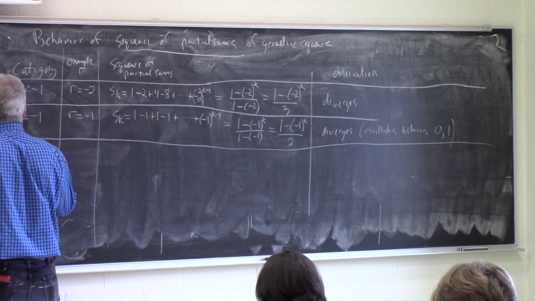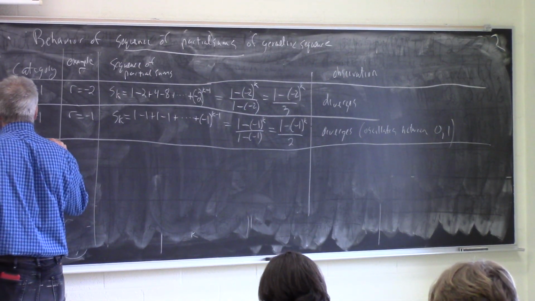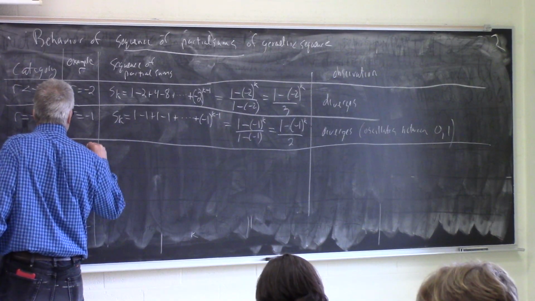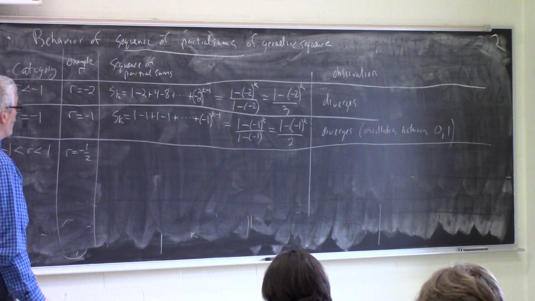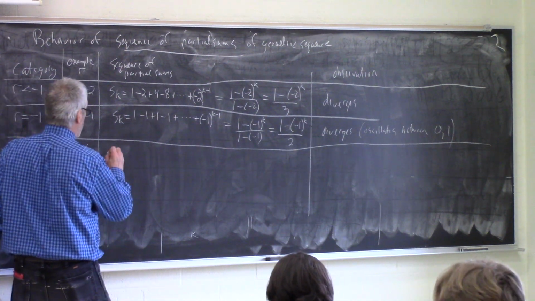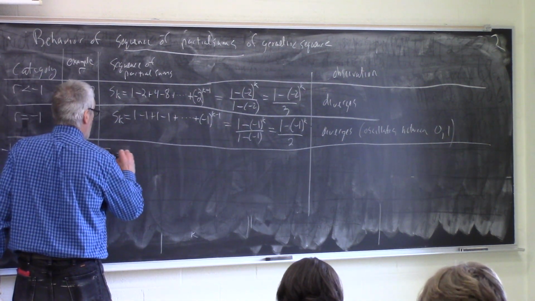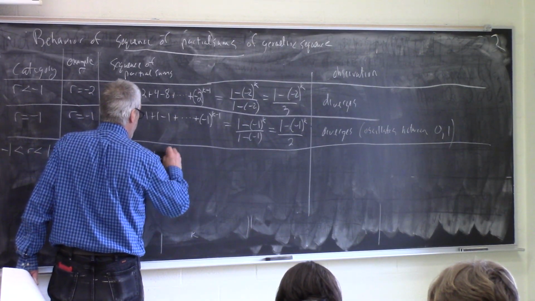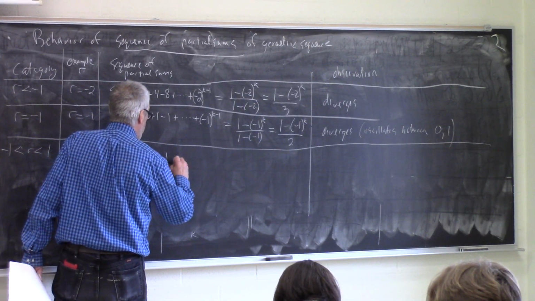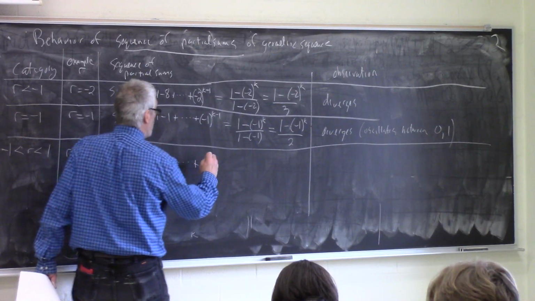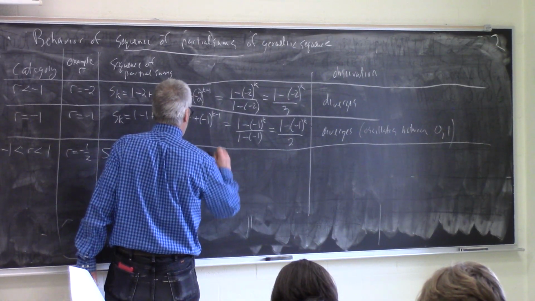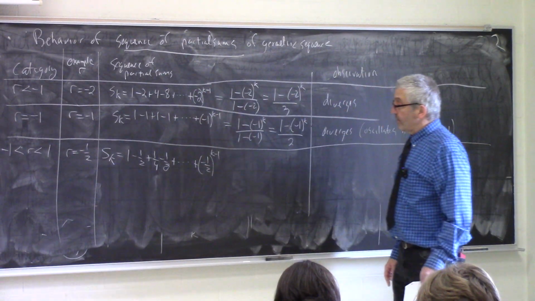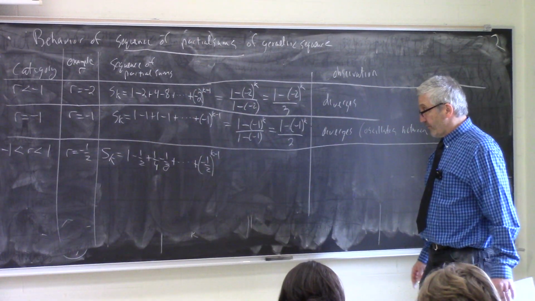And then we have that big category of r's between -1 and 1, with an example of r being -1/2. And so the sequence of partial sums would look like this: 1 minus 1/2 plus 1/4 minus 1/8 plus, go all the way up to (-1/2)^(k-1), which may be a positive number or a negative number depending on whether k is even or odd.